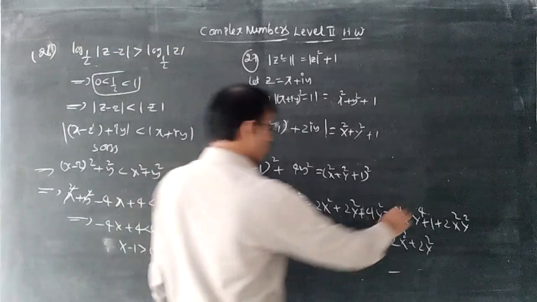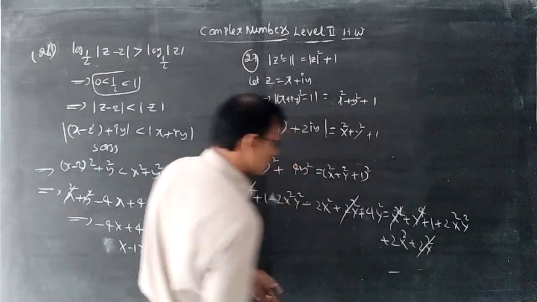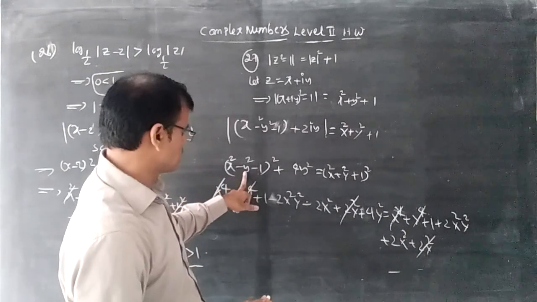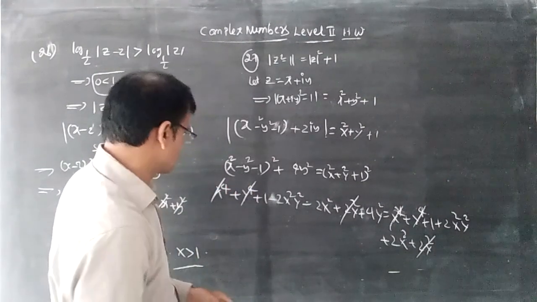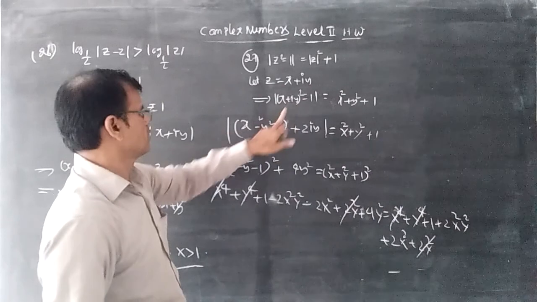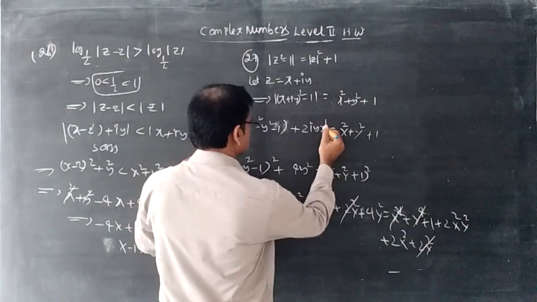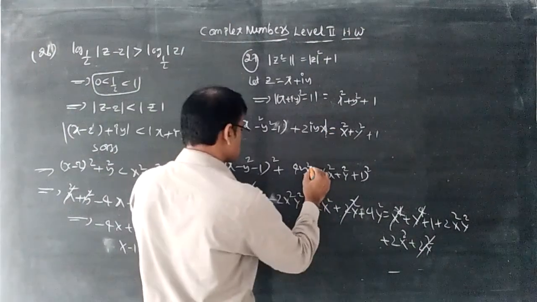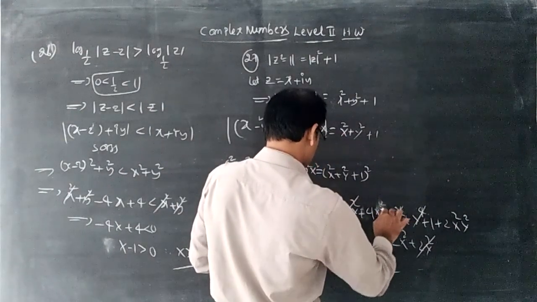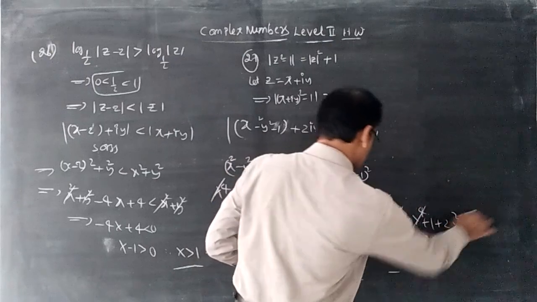X power 4 and y power 4 get cancelled, and 2x square y square get cancelled. The 4x square y square also cancels.